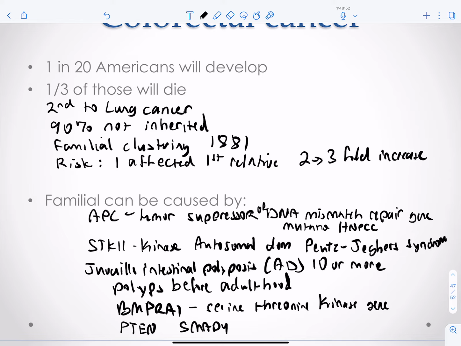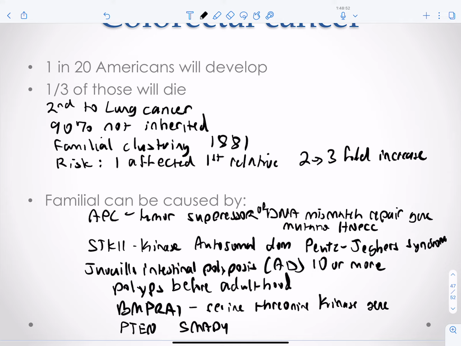So keep in mind that the DNA mismatch repair gene is very important in repairing if there is a mismatch, and if you have a loss of function, that can lead to cancer, and that has been associated with colorectal cancer. You have STK11, which is a kinase, with an autosomal dominant inheritance pattern, and mutations in that are being passed down, and that's Peutz-Jeghers syndrome.